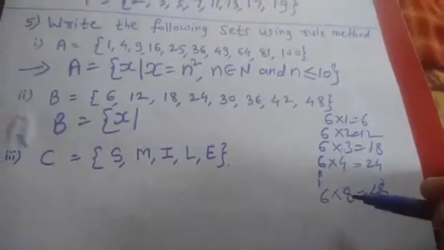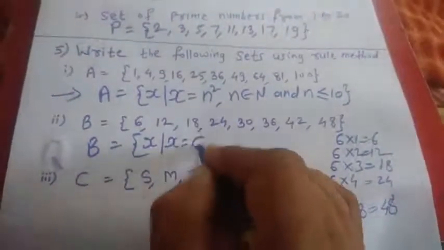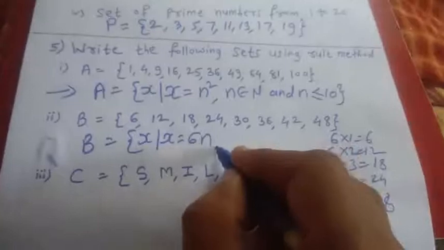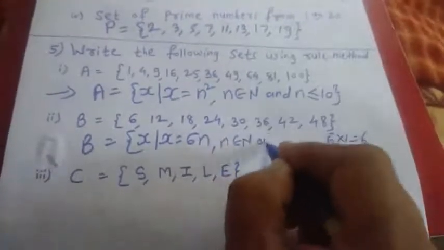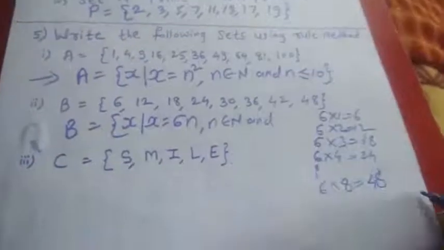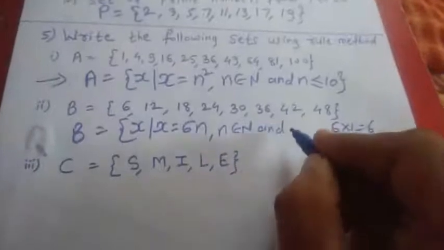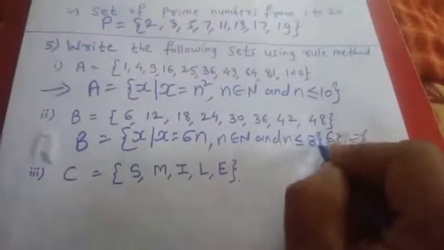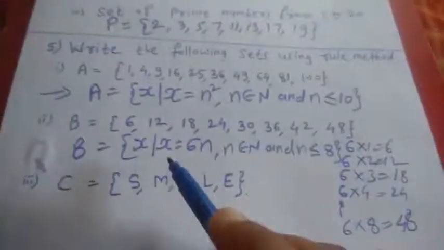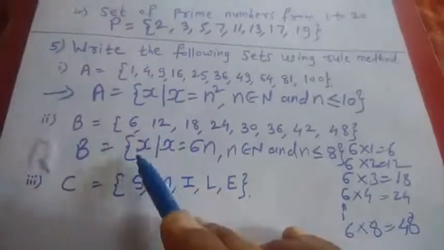So how can we write this in the form of an equation? x is equal to 6n, where n belongs to capital N and n is less than or equal to 8. Bracket complete. In this way, we can write this set using rule method.